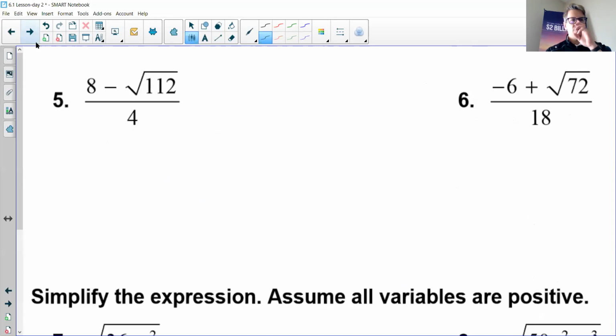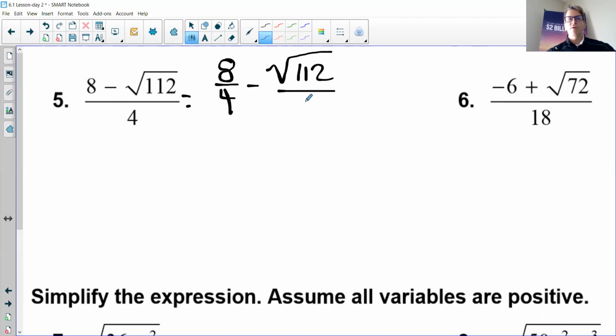Looking for our perfect squares. All right, then we're going to simplify some expressions here. 8 minus the square root of 112, over 4. Okay, this is the same as 8 over 4. If I break this up, this is 8 over 4, and I'm going to subtract the square root of 112 over 4.